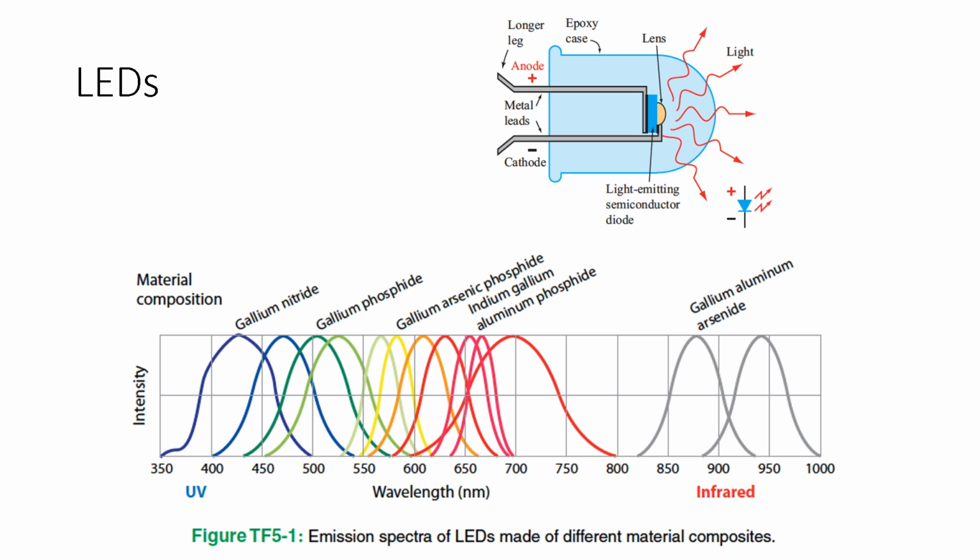That all comes down to some really cool semiconductor physics. However, what I want you to know is that the individual materials in that semiconductor diode are what produce these different colors. We can go all the way down to UV, and all the way up to infrared, and the spectrum in between are the different colors we get.